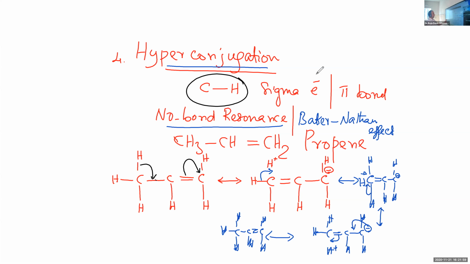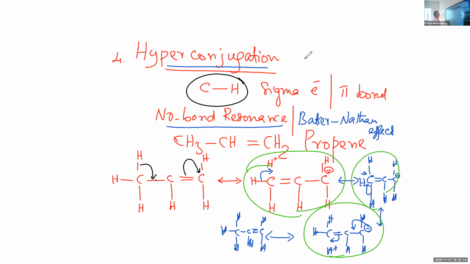See, during the course of the change, 3 intermediate structures are formed. One here, there is another structure here, and here also another structure. And the intermediate structures are the hyperconjugation structures, hyperconjugated structures.